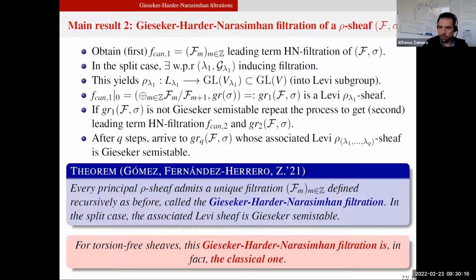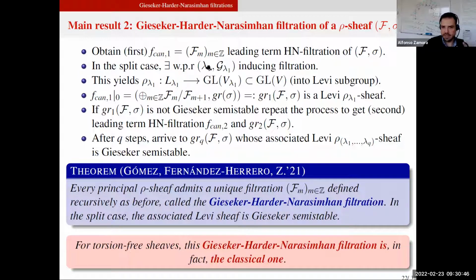So how do we construct what we call the Gieseker-Harder-Narasimhan filtration, iterating this process? I'll go a bit fast over this, but the story is, we first get this leading term filtration. This leading term filtration gives me how to get those elements of the Gieseker-Harder-Narasimhan filtration at the top degree where we find the differences between the Hilbert polynomials.